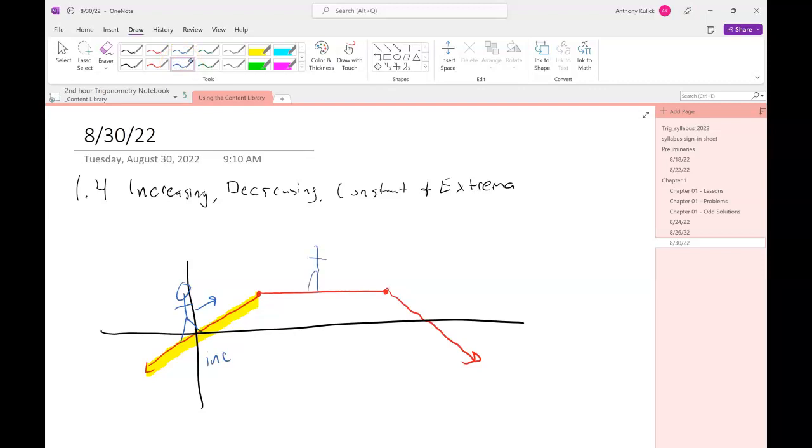When your little person is walking along flat ground, that's where that function is constant. And where that little person is walking downhill, that's where the function is decreasing.